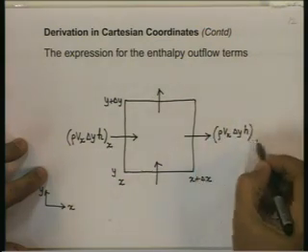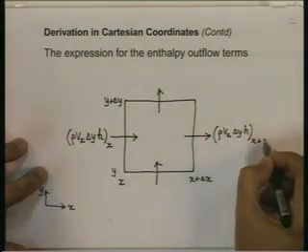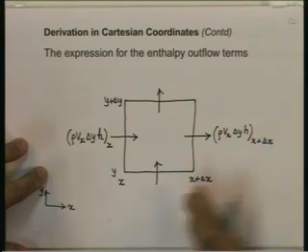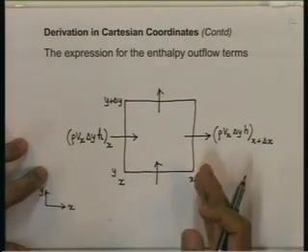This is at location x plus delta x, which is the right edge of the control volume.